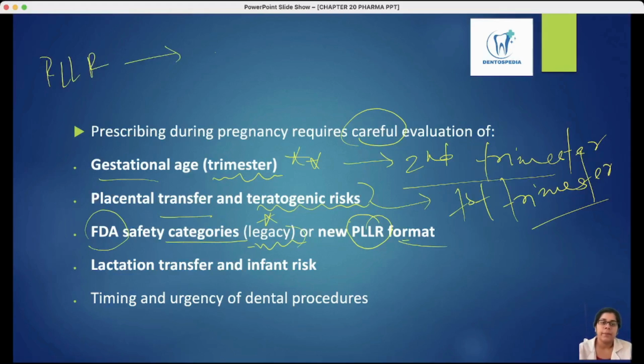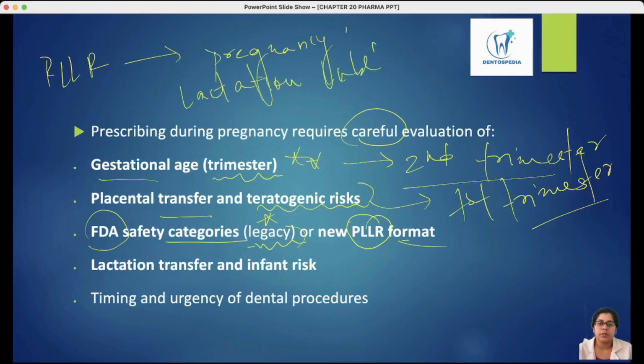PLR is the Pregnancy and Lactation Labeling Rule. Basically, it's a rule which provides you the format about when, how, and what to prescribe in a lactating mother.